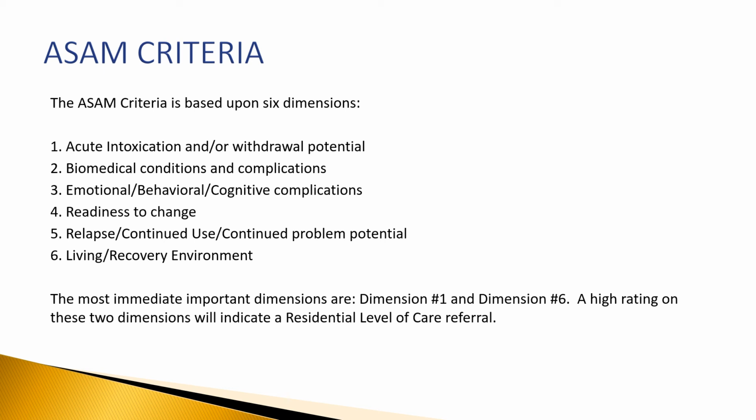And living and recovery environment is in dimension 6. The most immediately important dimensions are dimension number 1 and dimension number 6. A high rating on these 2 dimensions will indicate probably an immediate placement into residential level of care referral.